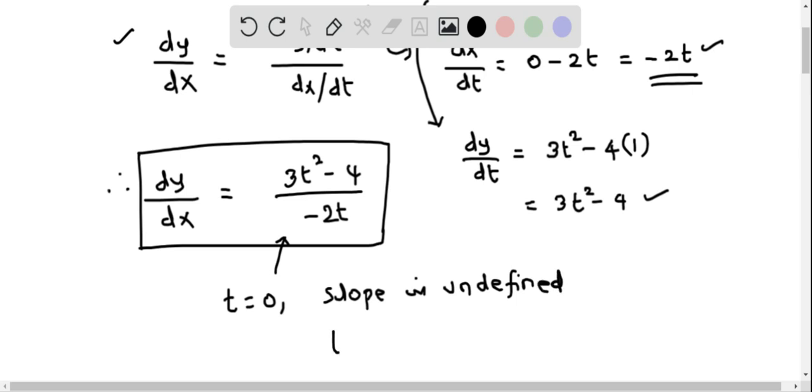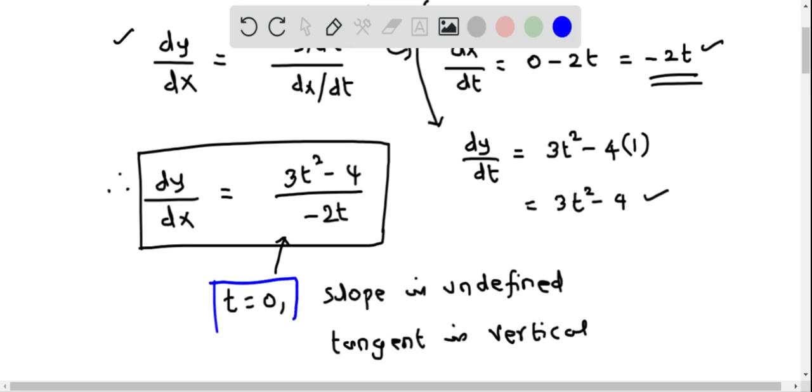That means the tangent is vertical when t equals 0. So therefore we say that for t equal to 0, the tangent to the curve is vertical.